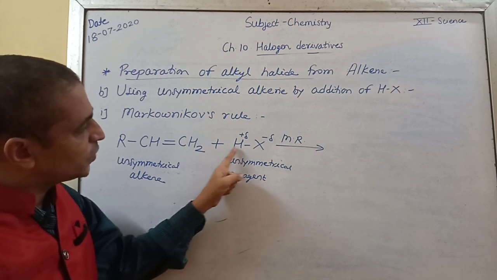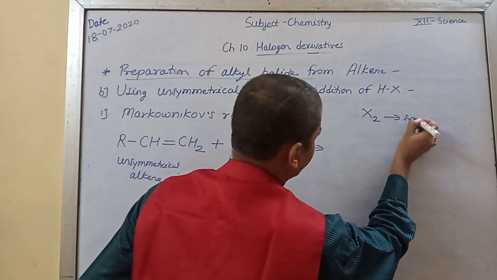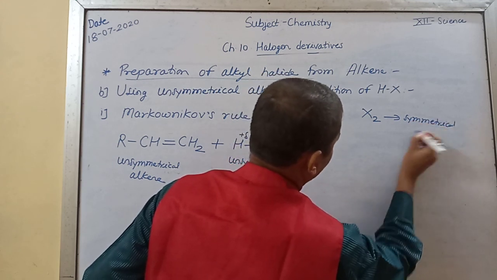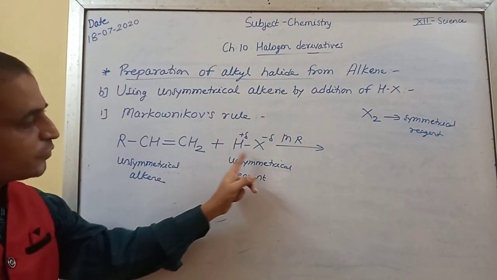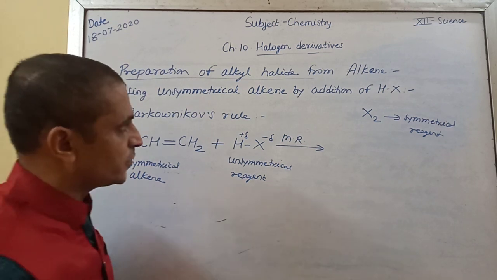Because it contains two different atoms. If we put X2, it is a symmetrical reagent, because they contain the same atoms. But in HX, there are two different atoms, hydrogen and halogen. So it is an unsymmetrical reagent.